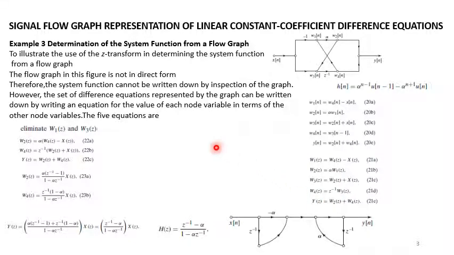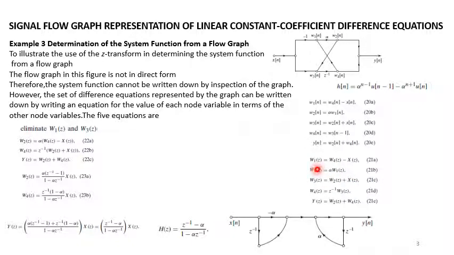Now again we eliminate some of the variables, that is W1 of z and W3 of z. So I hope you can see that we can substitute equation 21a into 21b, so we get rid of W1 of z.